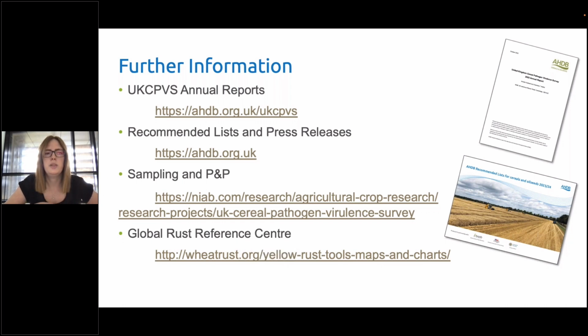There are also the recommended lists and press releases on the AHDB website. Sampling information and postage and packaging information can be found on the NIAB website. And if you're interested in a more global picture, there's also the Global Rust Reference Centre with a link that shows what else is happening around the world.